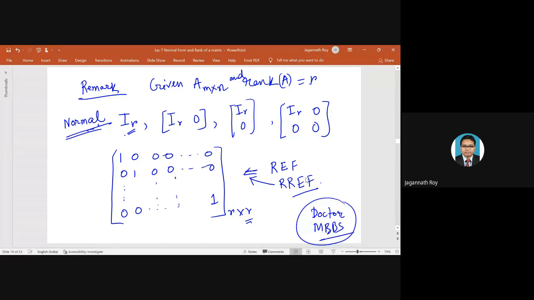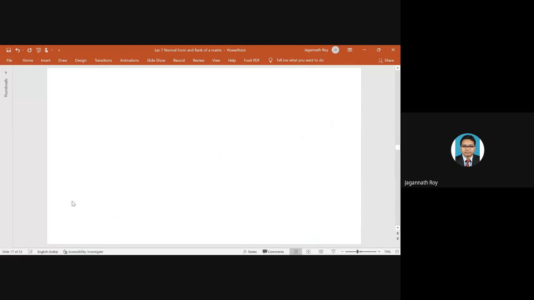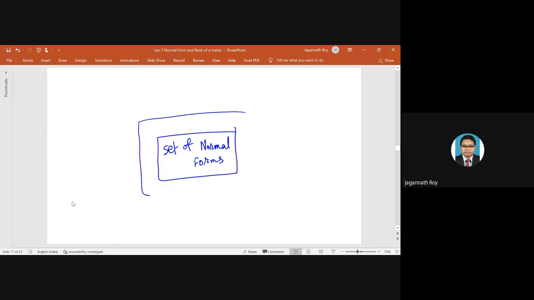But only those who do specializations, for example eye surgeon or heart specialist, are a specialized kind. So if you write the set of normal forms of a matrix, it will be contained within the RREF.